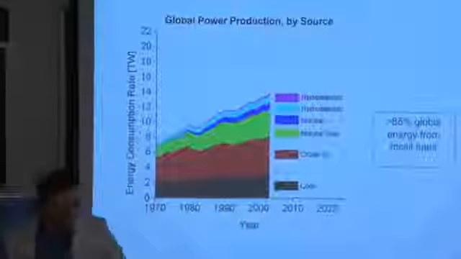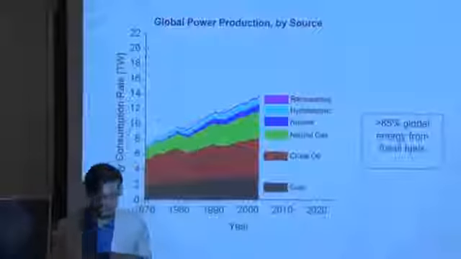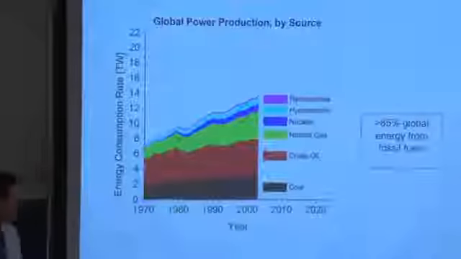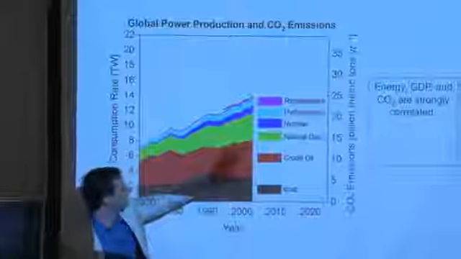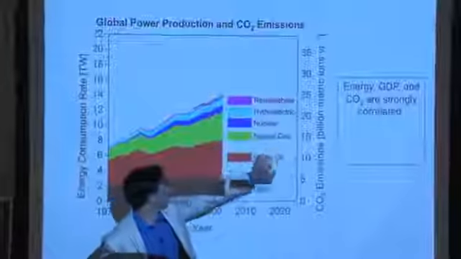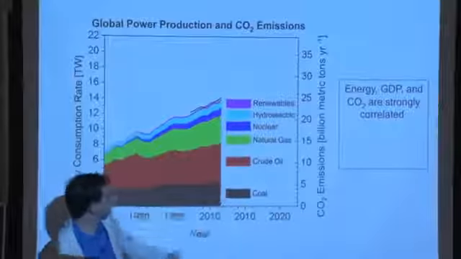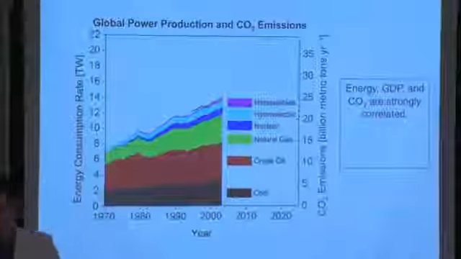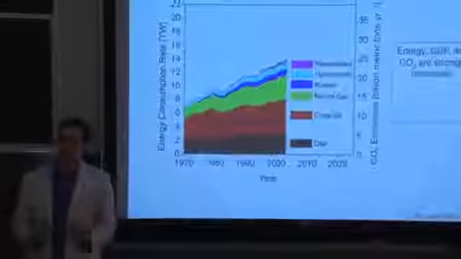Or if you prefer, take the average CO2 intensity of our energy mix, which is somewhere around 600 or maybe 800 grams of CO2 per kilowatt hour. And then look at that amount of CO2 emitted. You can calculate how much CO2 is emitted per unit time from our energy mix, knowing the carbon intensity of our energy mix. Then do a quick back-of-the-envelope calculation.